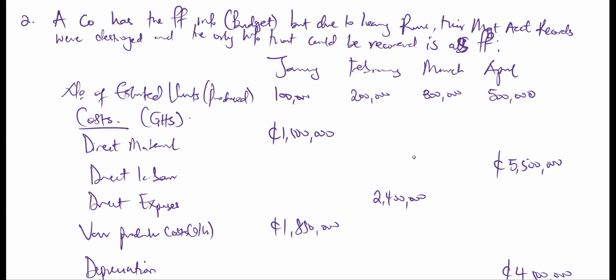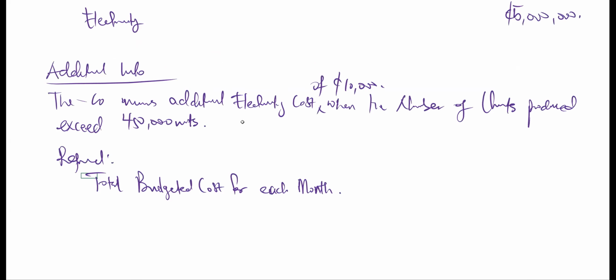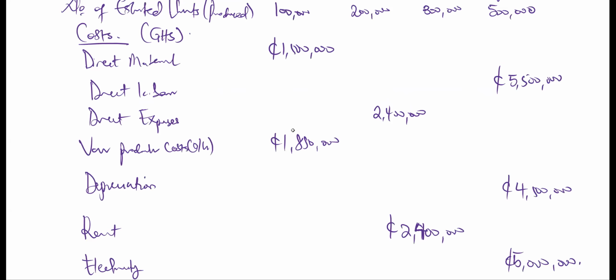Now, what are the rules? We have to use the rules of cost behavior to answer this. So look at all the costs and tell which ones are variable and which ones are fixed, because fixed costs and variable costs have their own rules. Direct material, variable.